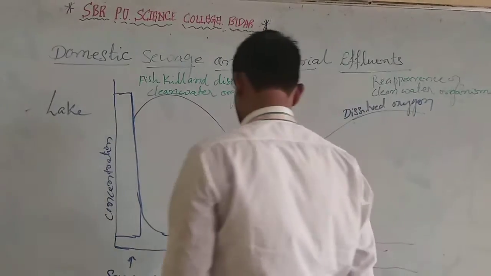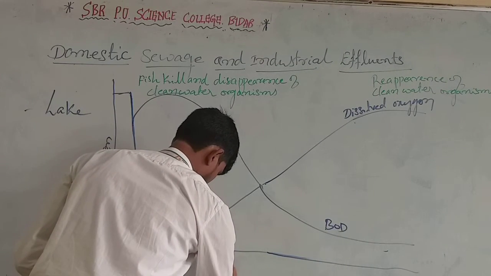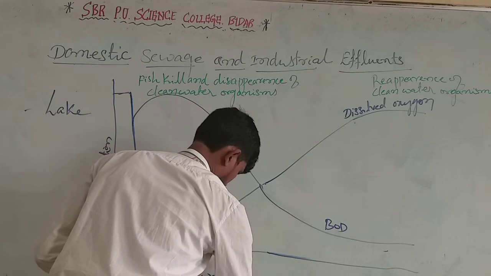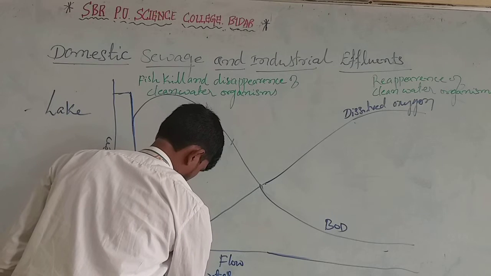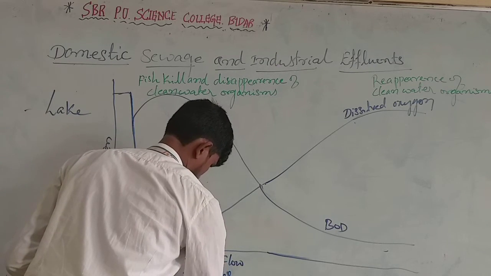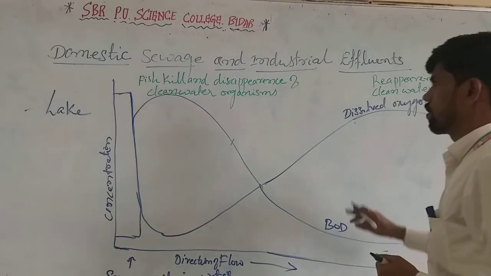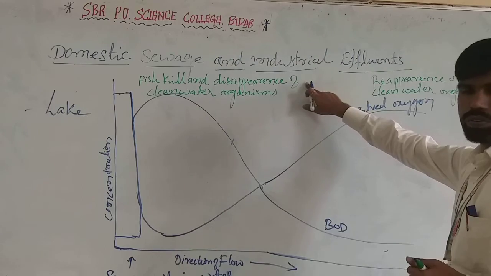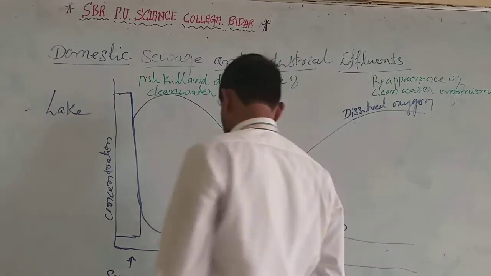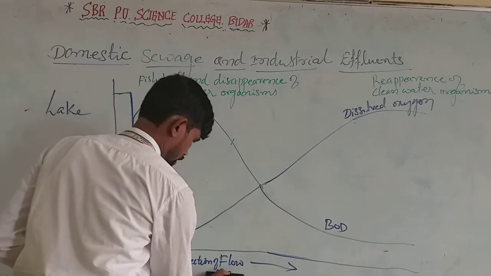This is the direction of flow. So this is what we are studying, sewage waste in river water.